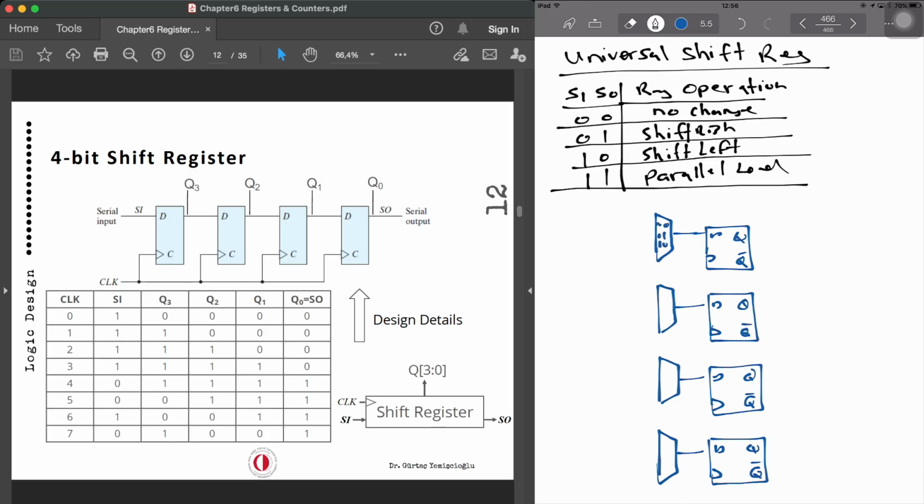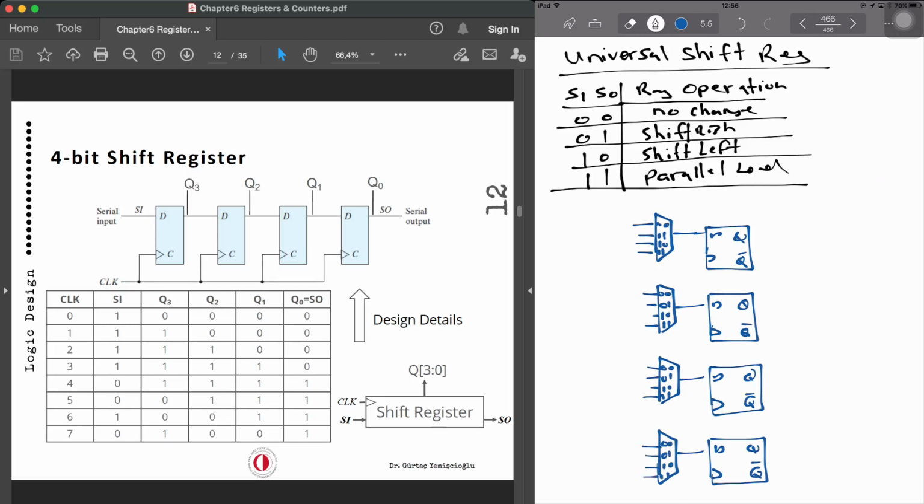I know my pen is too thick, so that's how I can fit everything. I'm feeding S0, S1: 0 0, 0 1, 1 0, 1 1, for each of the four flip-flops.